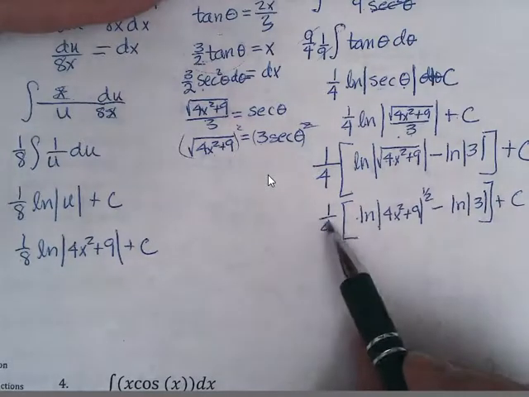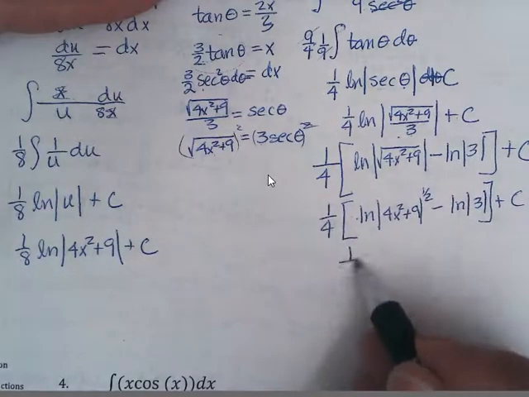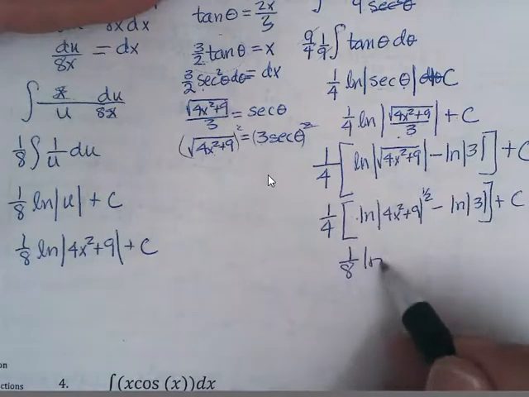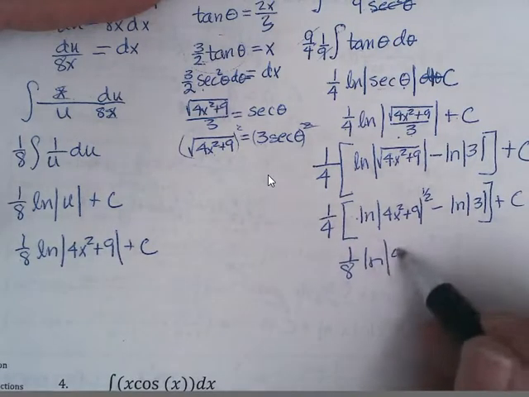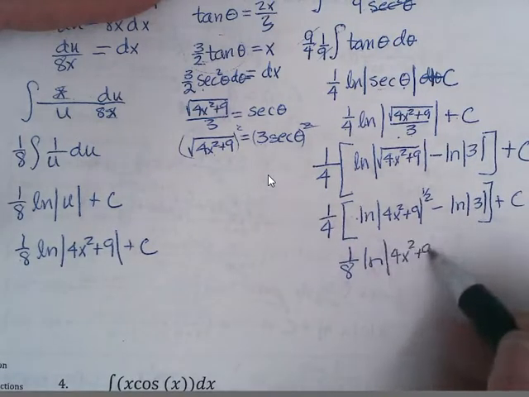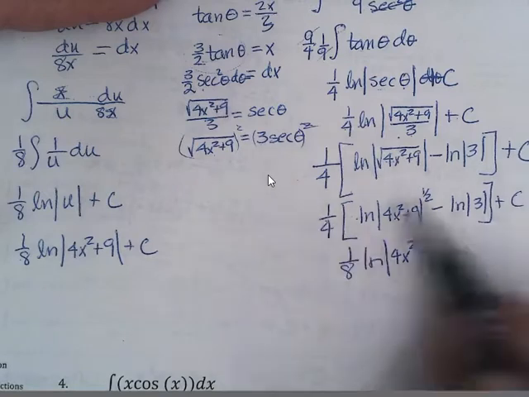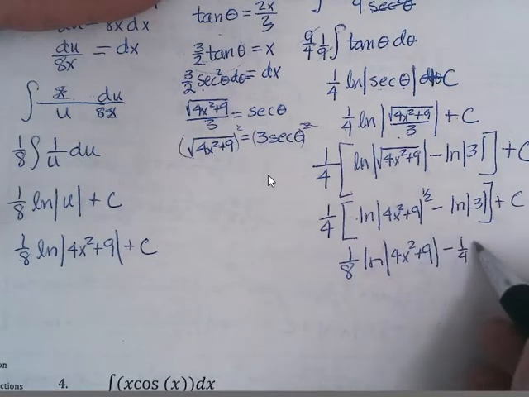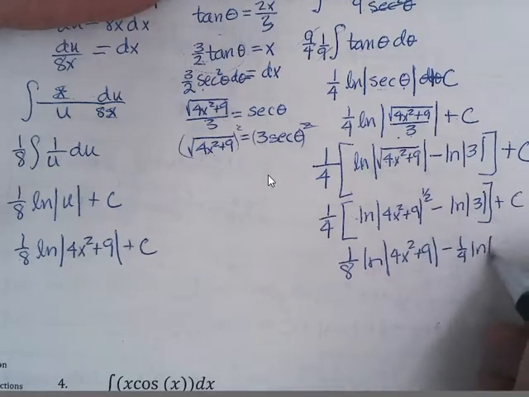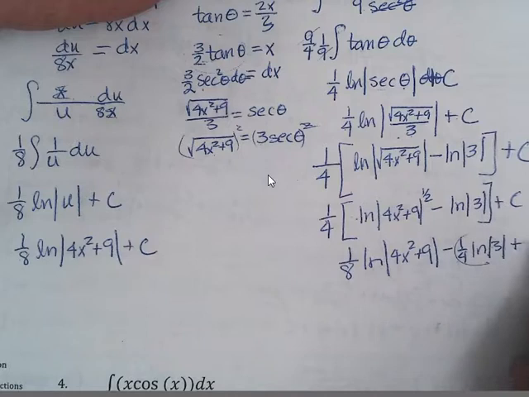So we'd have 1/2 times 1/4, which is 1/8 ln 4x squared plus 9. And we'd have 1/4 times this, minus 1/4 ln of 3. 3 is positive, so I don't need the absolute value, but I'll put it on there. That's a constant.